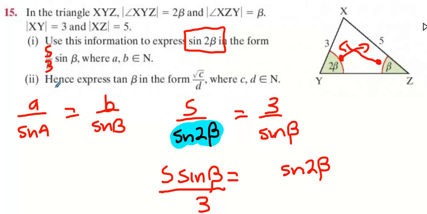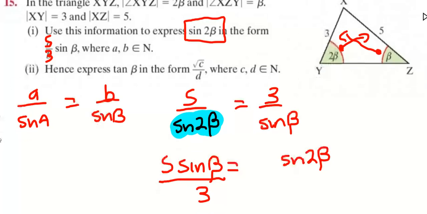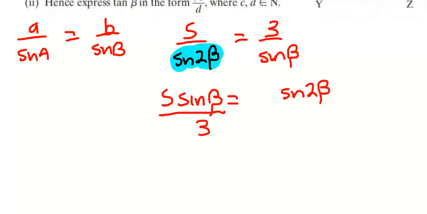Hence express tan B in the form root C over D. Oof. Have we used our double angle formula yet? We haven't, have we? No. You have a choice. Here's your 2 choices. The first choice is sine 2B. You can use sine 2B equals 2 sine B cos B. That's not too bad, is it?